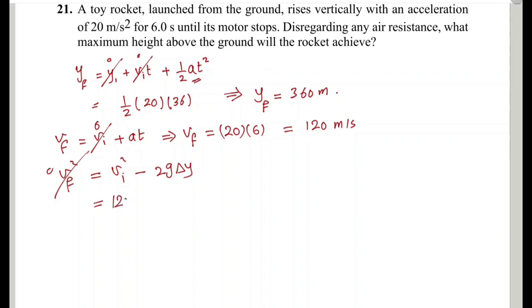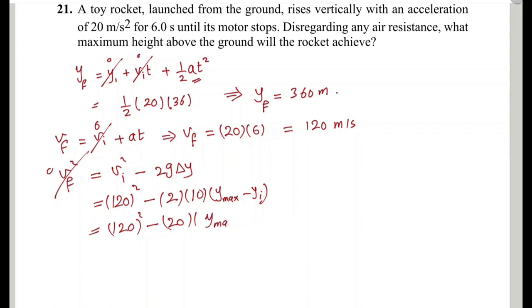So 120 square minus 2, now this is free falling by the way, 10 times y maximum minus y initial, so 120 square minus 20 times y maximum minus 360.